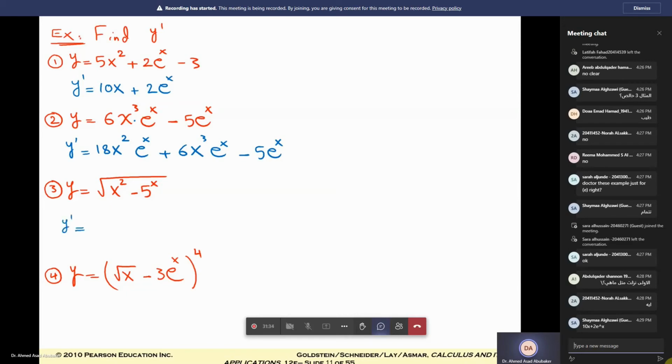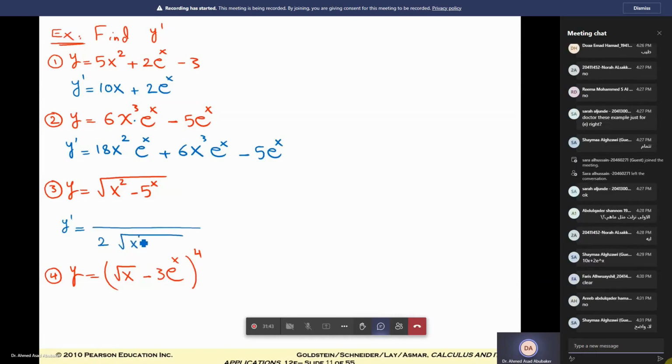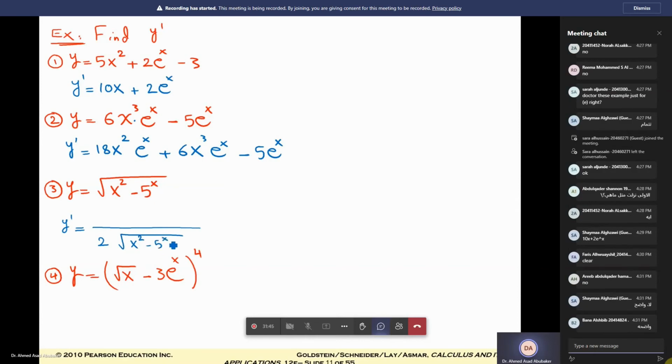Number 3, if we have a radical, the denominator is to multiply the same roots. In the numerator, we must find the derivative inside the root or the radical. X squared, we have 2x, minus 5 to the power x, we have minus 5 to the power x, but must be multiplied by what? Ln what? Ln 5.